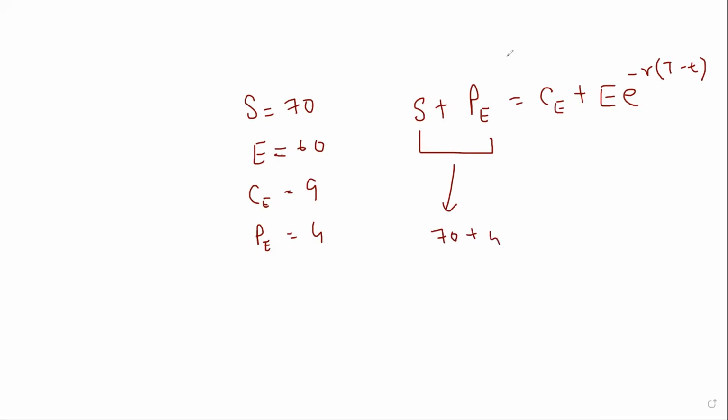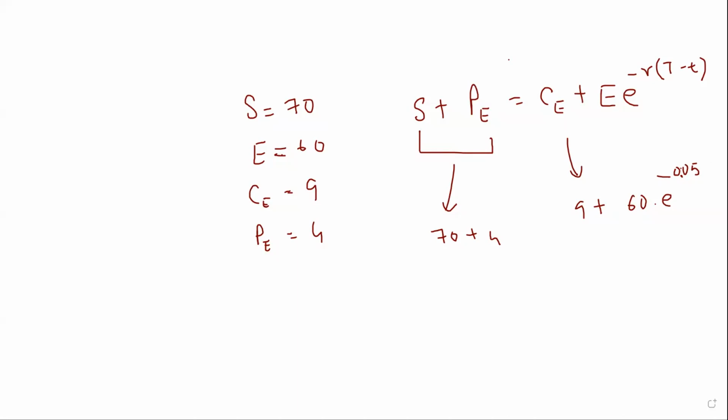So it's simply 74. 70 plus 4. What about the right hand side? Well, you have a 9 here, and then you have 60 to the power minus 5%. So that's 0.05. And what was my time period? How much time did I have till expiration? 1 year.